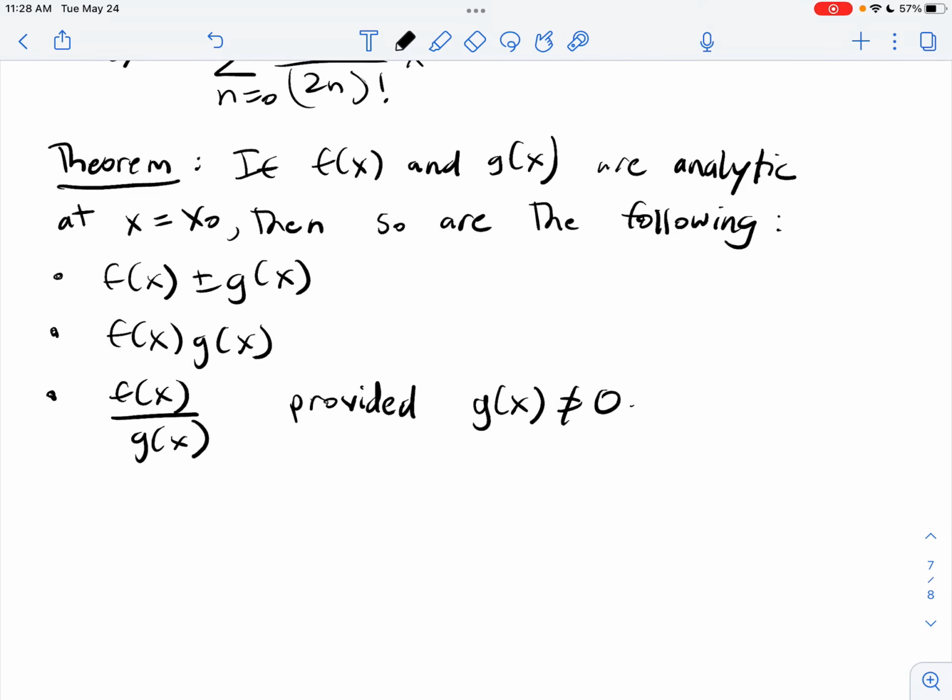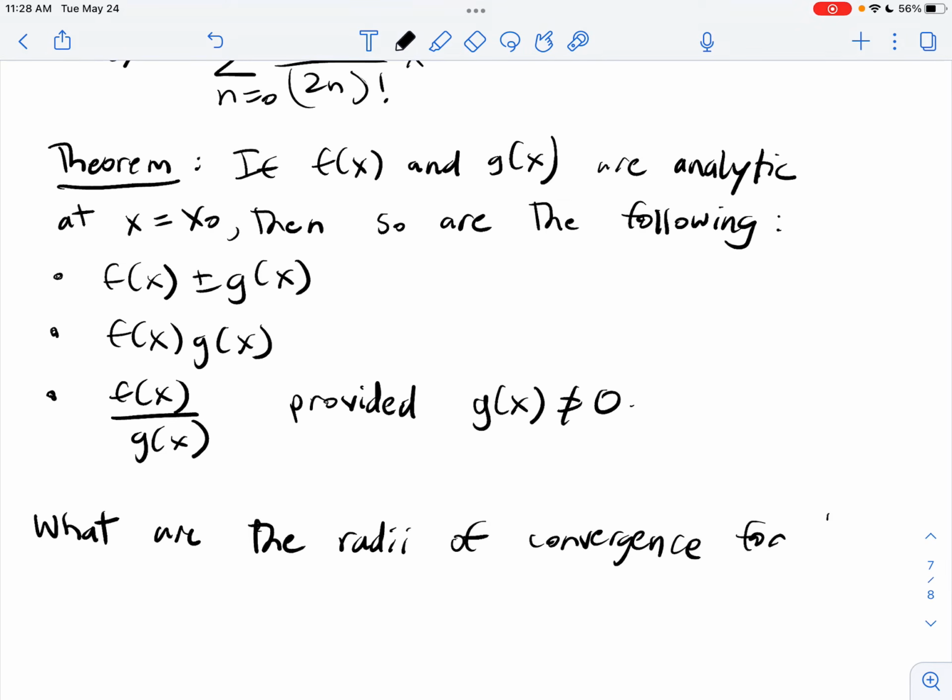So a good question you might ask is, what are the radii of convergence for the above?